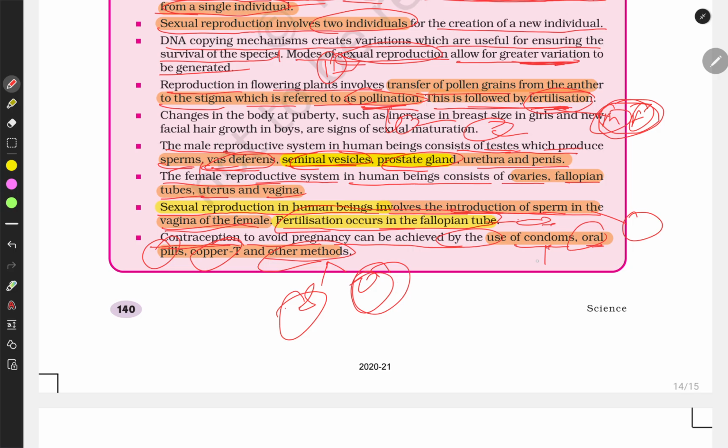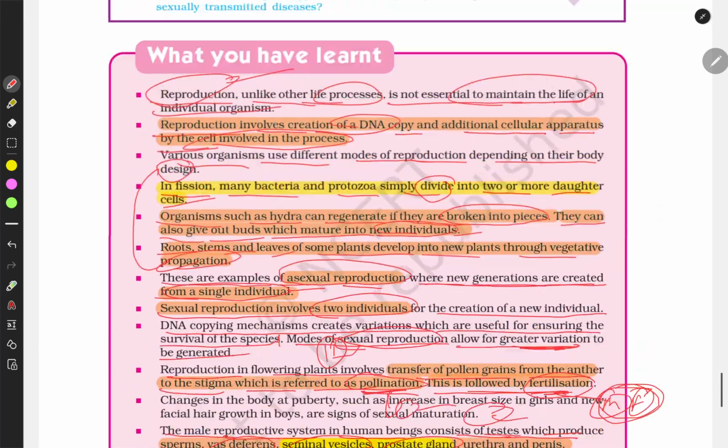And other methods also include the diaphragm. There is a diaphragm which is introduced in the female vagina near the cervix. Sorry, let me explain this here.